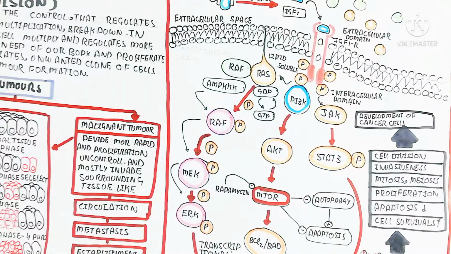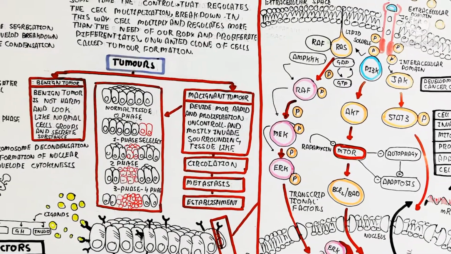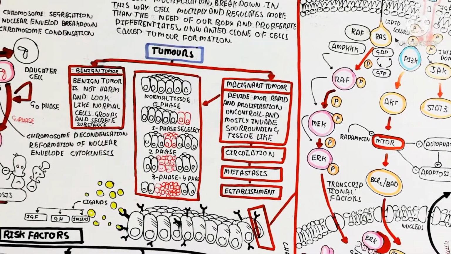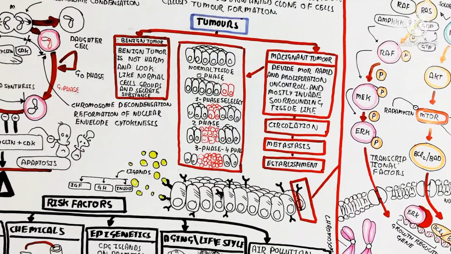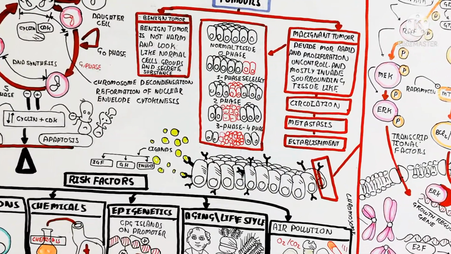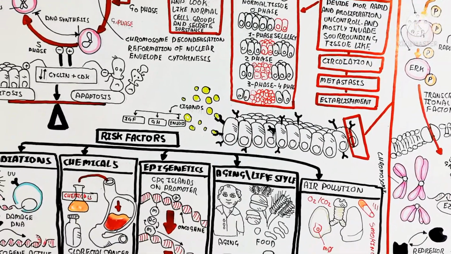And in this way you should know about that. Here is STAT3, which is stimulated by JAK, and in this way it is also a transcriptional factor. And I hope you make sense of these things: cancer, uncontrolled cell division, the molecular pathway, as well as the overview of what that is.